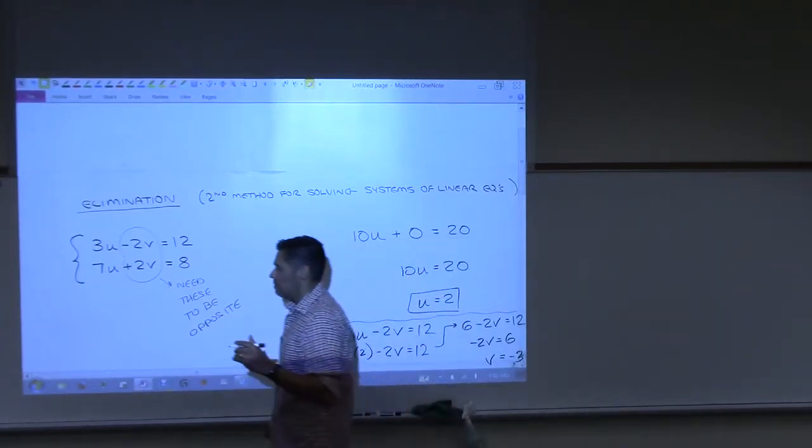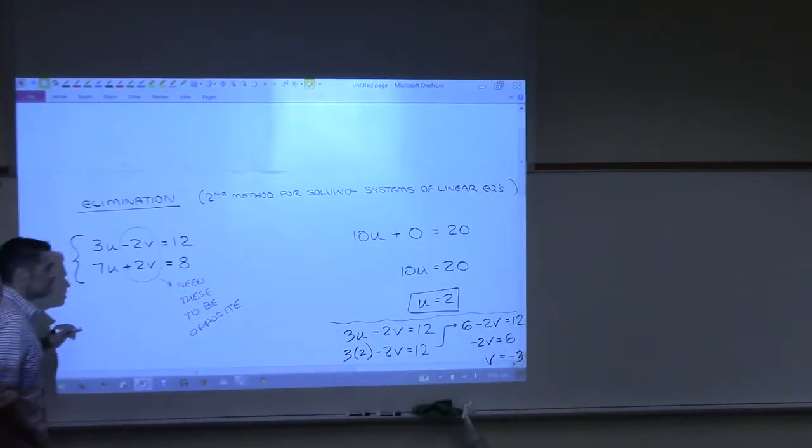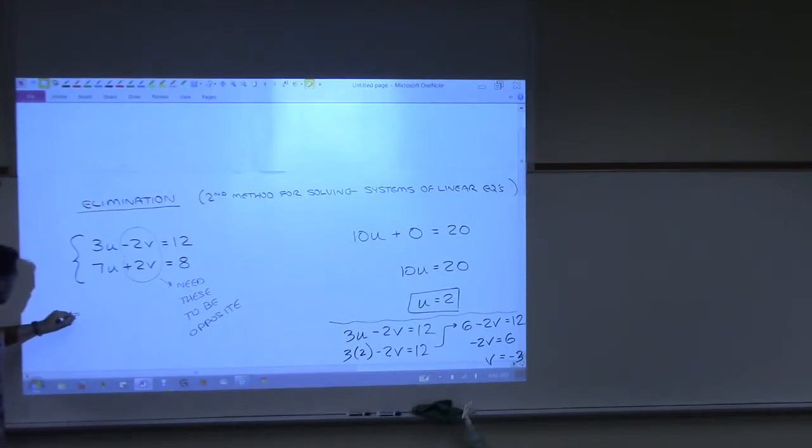I'm going to write it in 2 different ways. I'm going to write it first, u equals 2, v equals -3. Okay, that's one way I could write my answer. Or I could also write it as an ordered pair (2, -3). All right? It's just we understand here that the u is this one and the v is that one. Kind of like the x and the y.